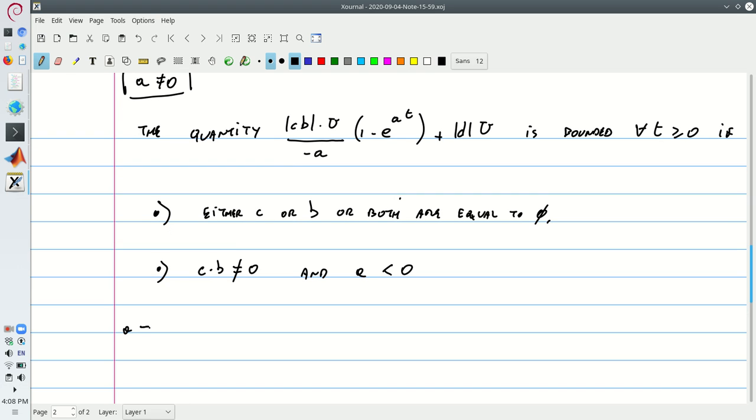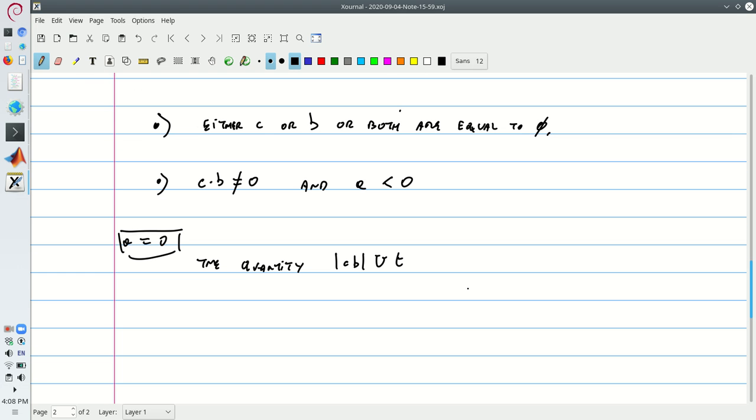And in the case A equal to 0, the quantity CB capital U t is always unbounded for CB that is different from 0.